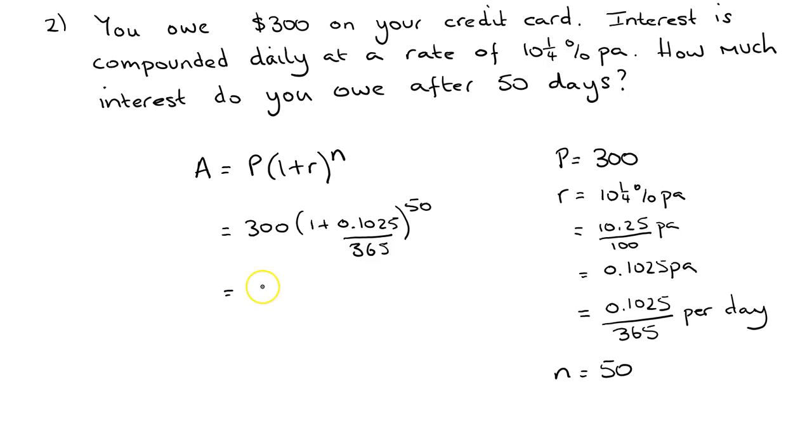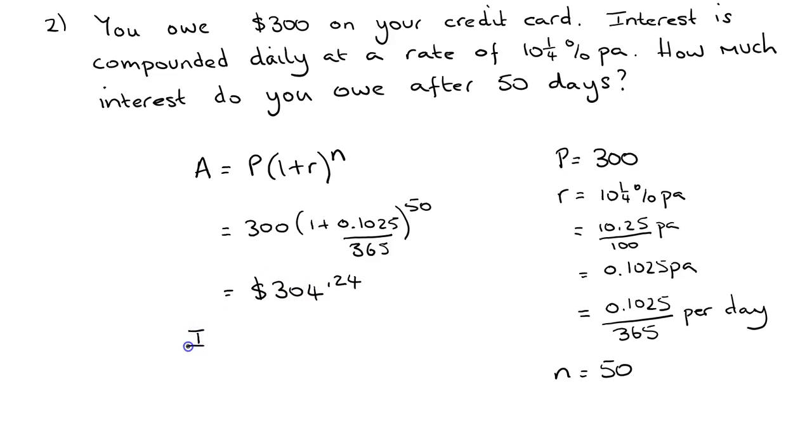And if we put this into our calculator, we get a total of $304.24. So instead of just owing the original $300, we are now owing $304.24. Now the question asks, how much interest do you owe? This is the total amount.